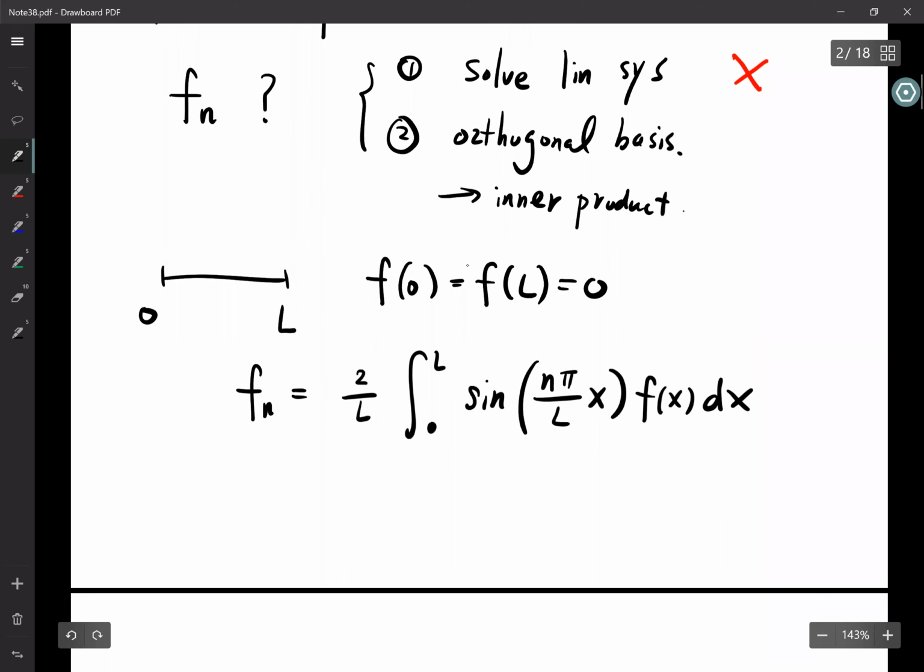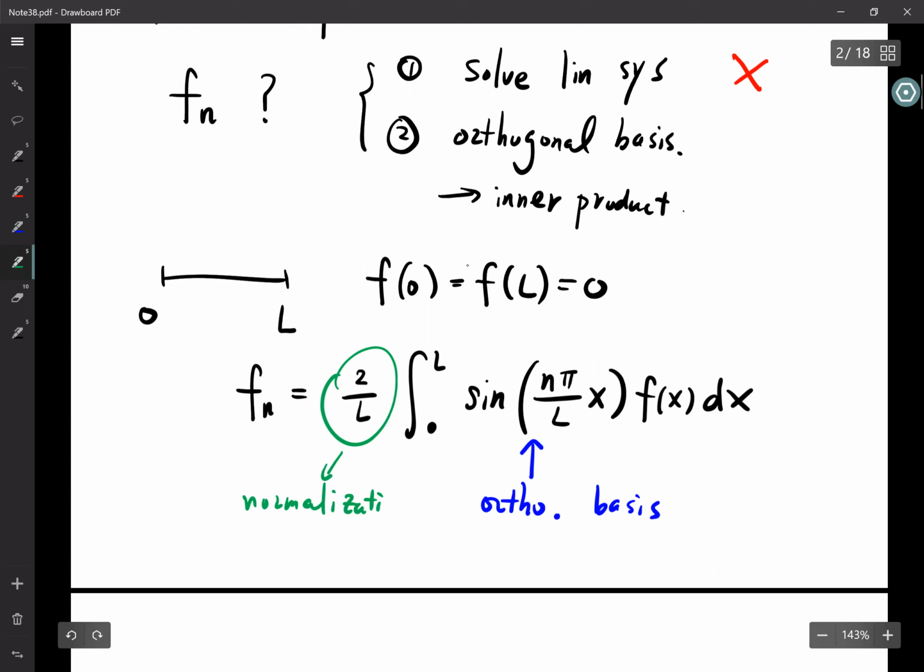The reason why you can do this is really because these form an orthogonal basis.